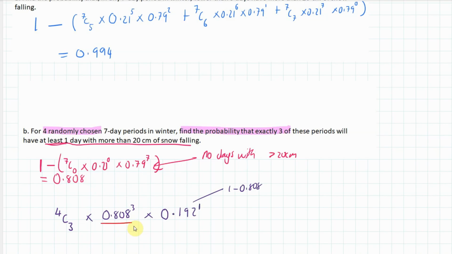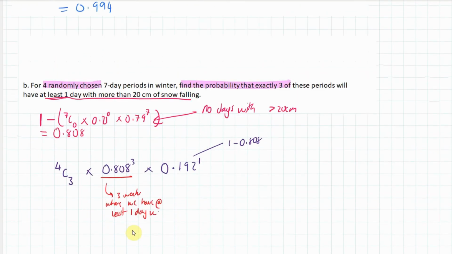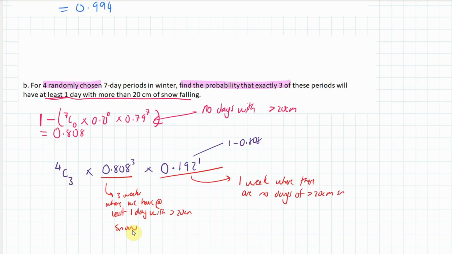So this bit here represents the 3 weeks where we have at least 1 day with greater than 20 centimeters of snow, and this bit here, 1 week where there are no days of greater than 20 centimeters of snow.